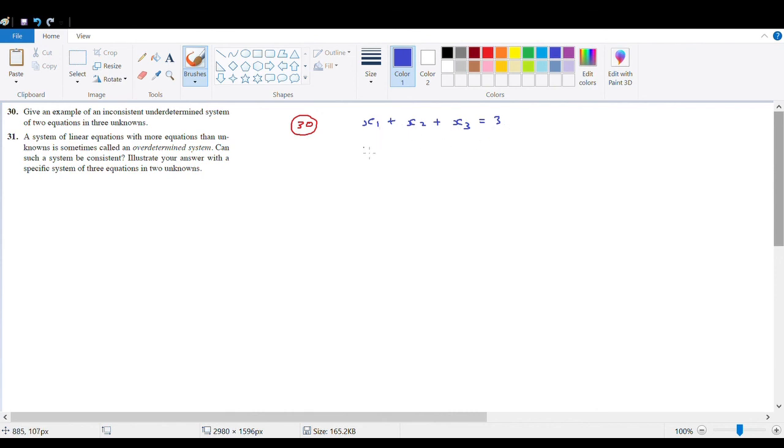We have another equation, for example, 2x1 plus x2 plus x3 equals 5. If x1, x2, x3 are all 1, here we have 1 plus 1 plus 1, which is 3. But for this one, we have 2 plus 1 plus 1, which should be 4, not 5. So that's why this system is inconsistent. So this is an example of an underdetermined system of two equations with three unknowns, and it is also inconsistent.